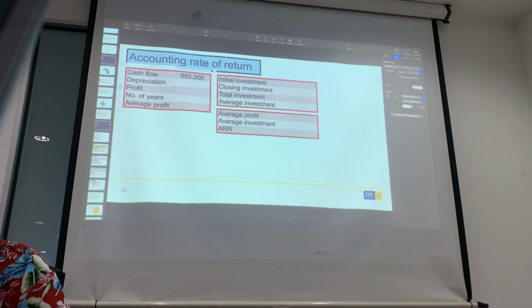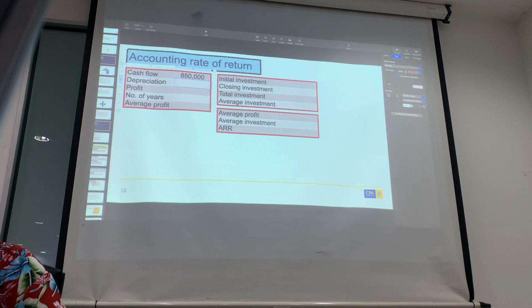Okay, the next number you got there is depreciation, which is the initial investment minus scrap.